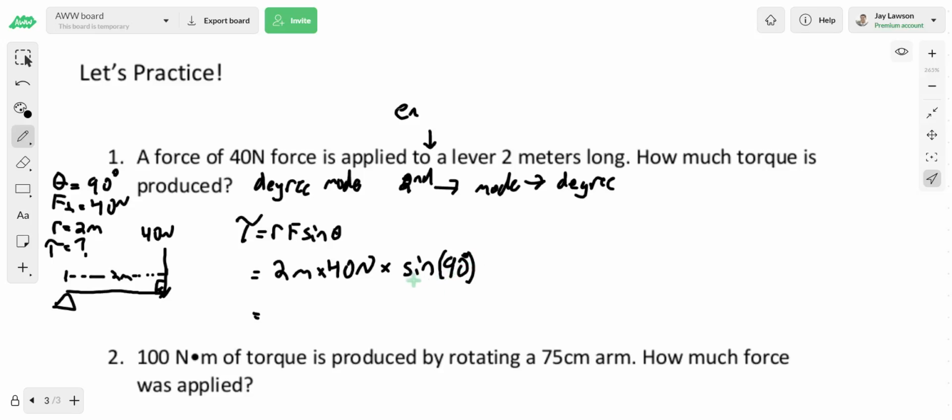And so if you go and put this in the calculator and you don't want to do that extra typing, we can just cross that out if it's perpendicular, because the sine of 90 is 1. Anything times 1 is itself. So this simplifies to 2 meters times 40 newtons.